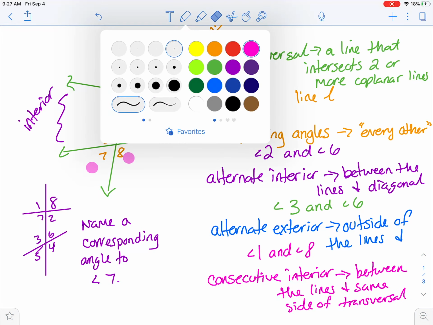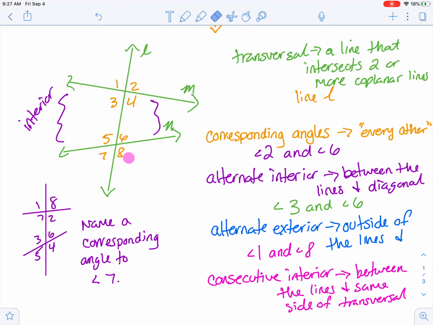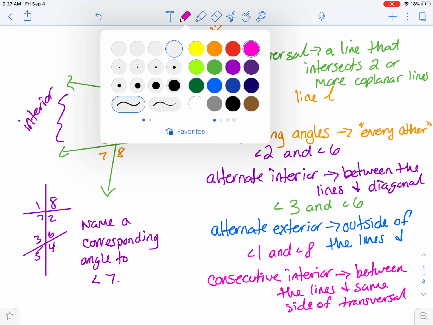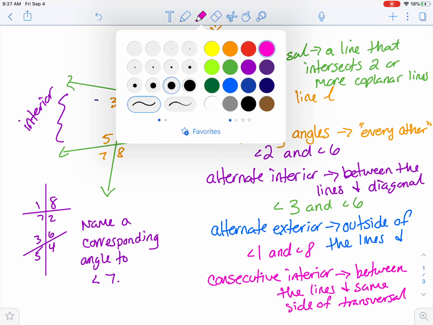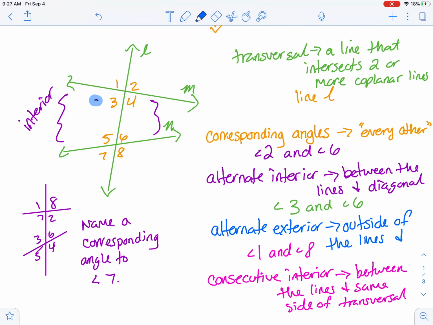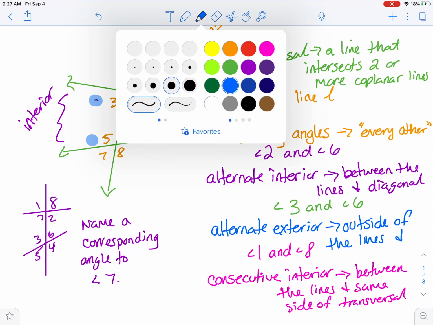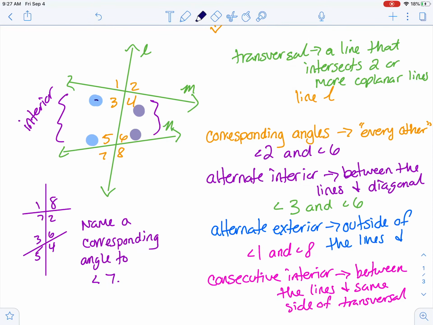Okay, what does that look like? That would look like between the lines, okay, so interior, same side of transversal, so 3 and 5, okay, or 4 and 6.